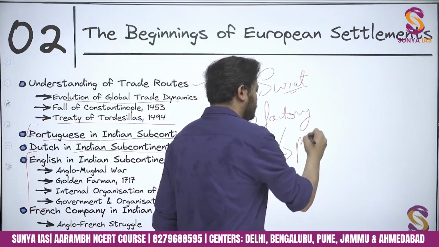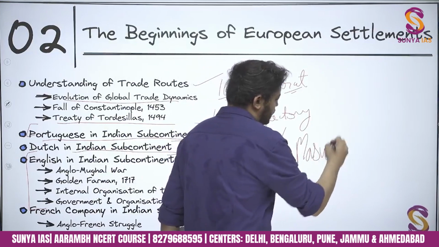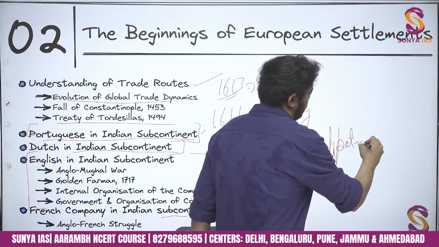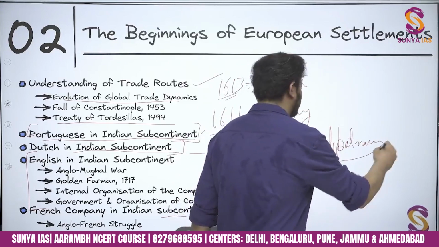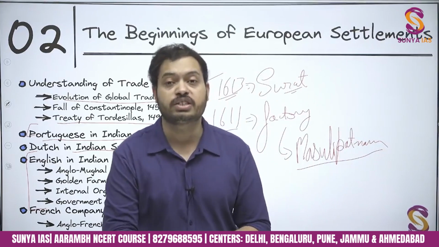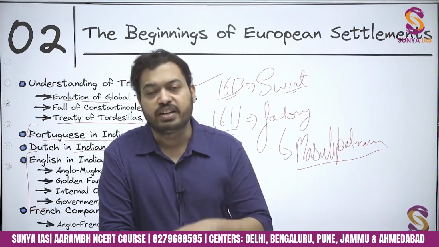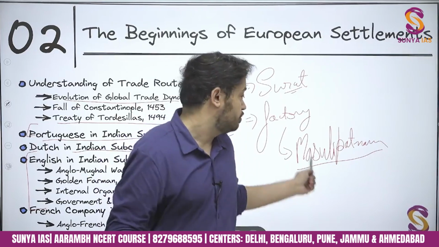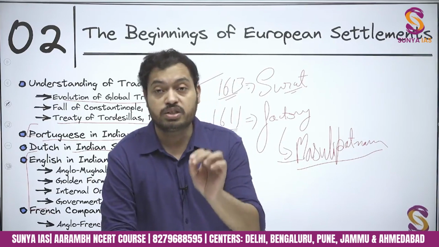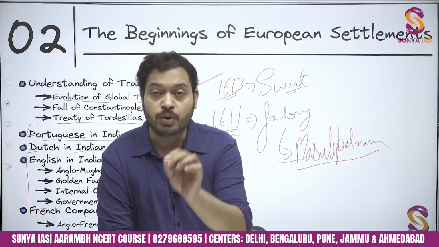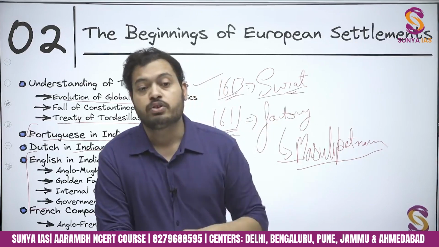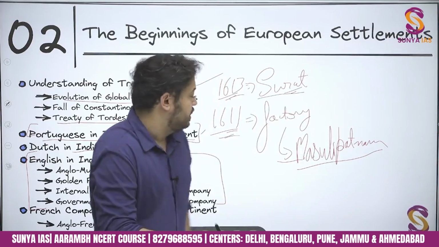In examination it may be asked that the first English factory in India was Machilipatnam, 1611, but the first English factory in the Mughal Empire was Surat. That has to be kept in mind.